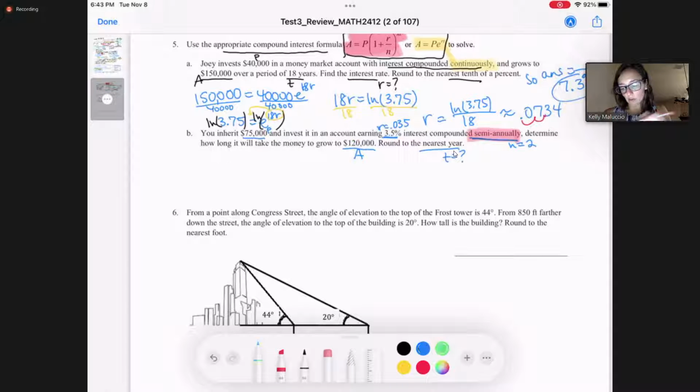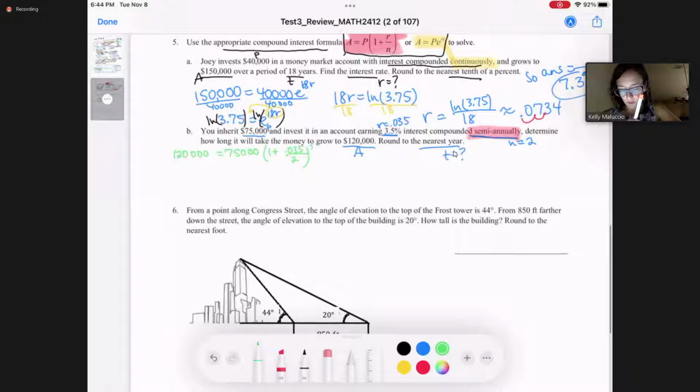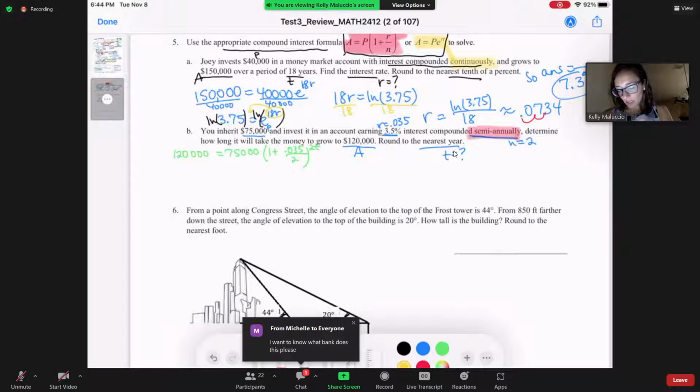So now we can say, okay, 120,000 equals 75,000 times 1 plus 0.035 over 2 to the n times t, so 2t. And so we divide both sides by 75,000.